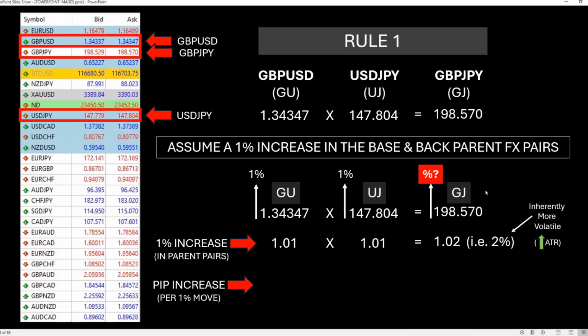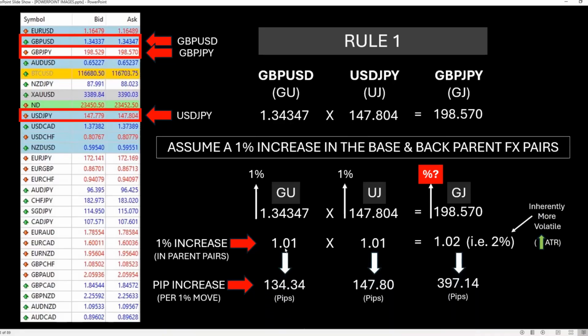Okay, let's carry on. Since there's a multiplication factor, a 1% increase in the parent pairs will result in roughly a 2% increase in the cross pair. Now, in terms of the number of pips for that 1% up move in both parent pairs, and a 2% move to the upside in the cross pair, how many pips were involved? The answer is quite simple.